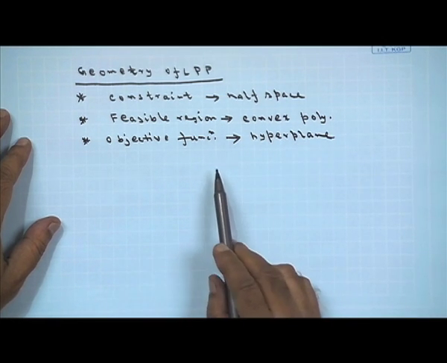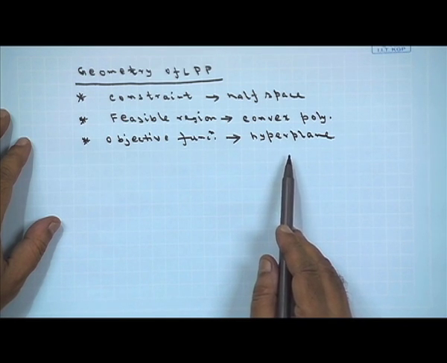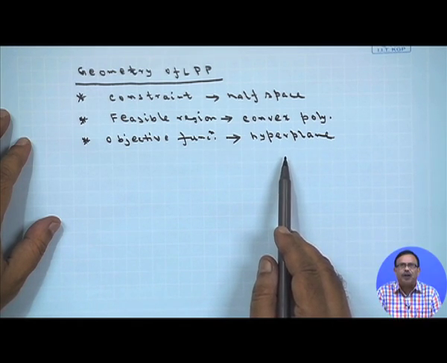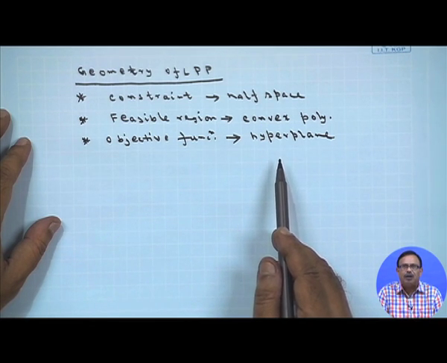So, now see, your objective function is a hyperplane of the form C x equals z, where you will supply the values of C and z. Each constraint will be treated as a half space.